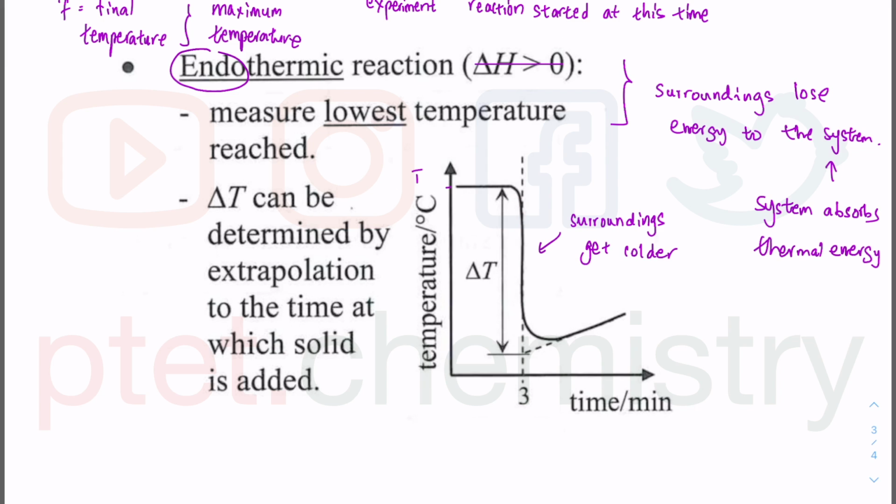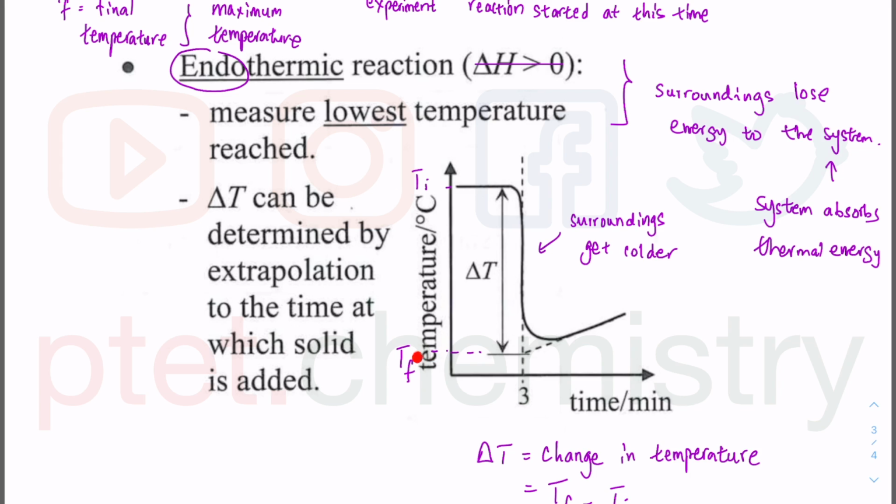Here, this is your initial temperature, and then where you extrapolate the point using a ruler, these are from practical details, that's your final temperature. If you have delta T again, which is change in temperature, you can't get change in temperature from your thermometer because your thermometer only gives you a reading of temperature. So that is final minus initial.